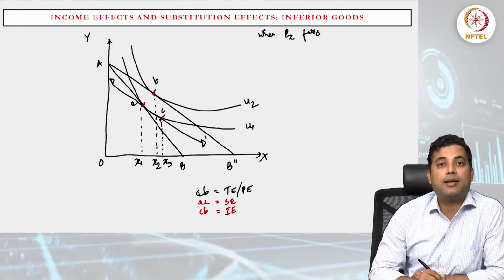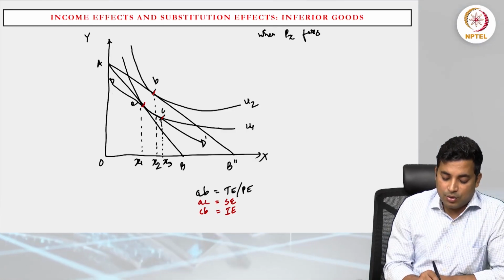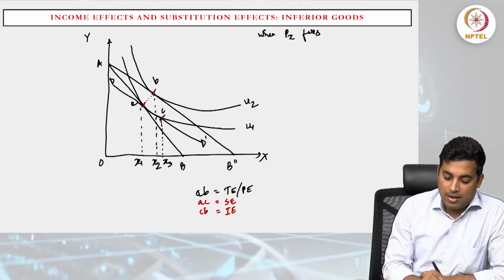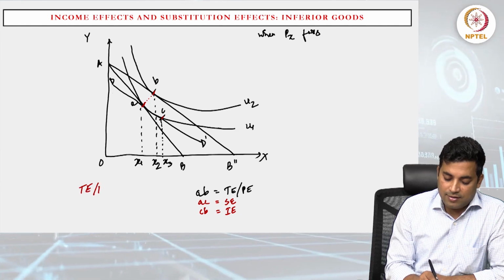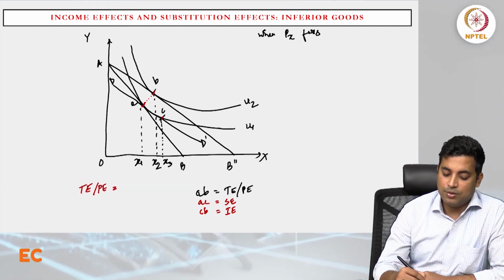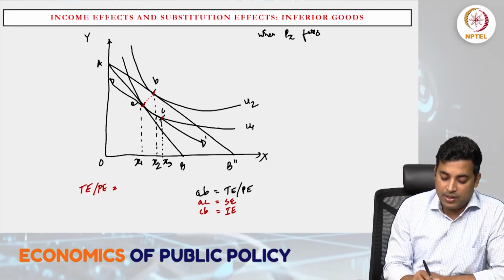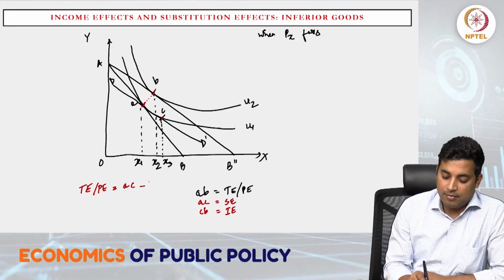So in case of inferior commodities, you can see the total effect, like price effect AB, is equal to the substitution effect A to C, like say AC minus BC.